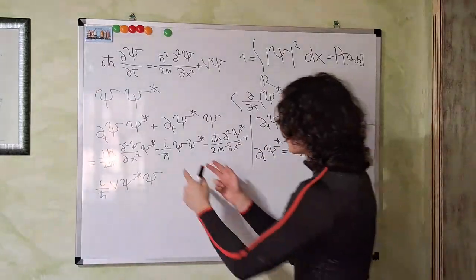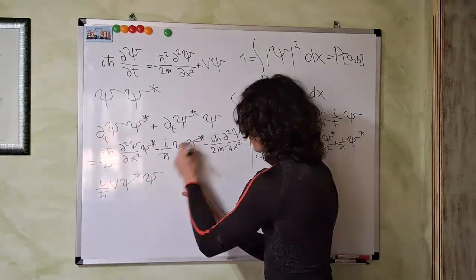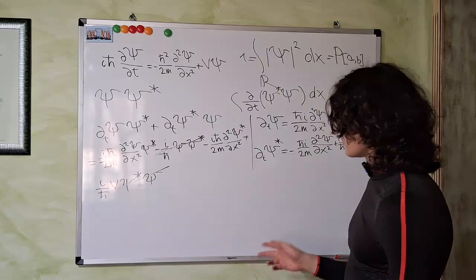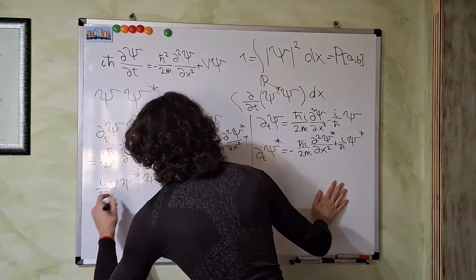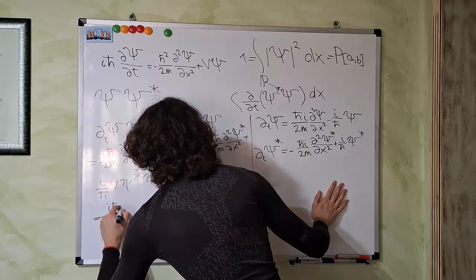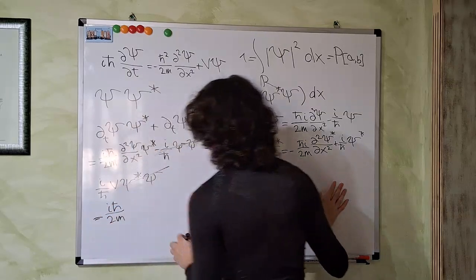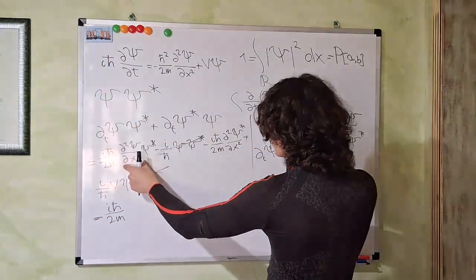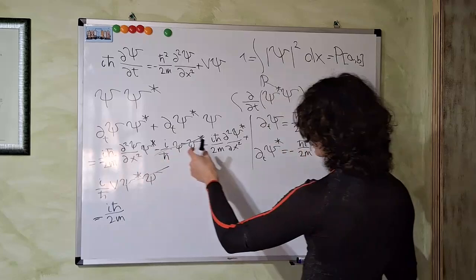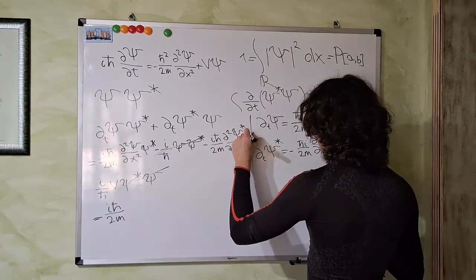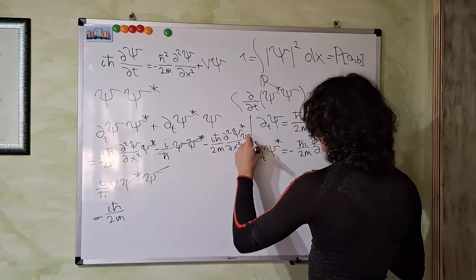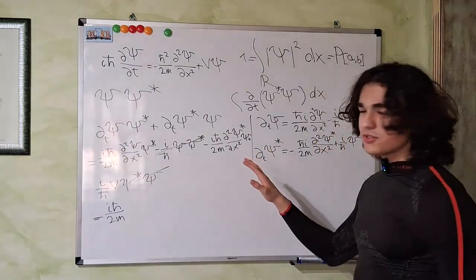Now, these two terms are equal and opposite, so we can get rid of them. Their sum is 0, and here we can factor out i h bar over 2m. Here we have the second derivative times its conjugate minus the second derivative times the function. I forgot about the function. And we can also reduce this.